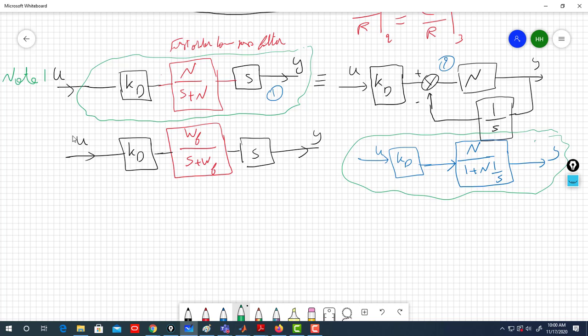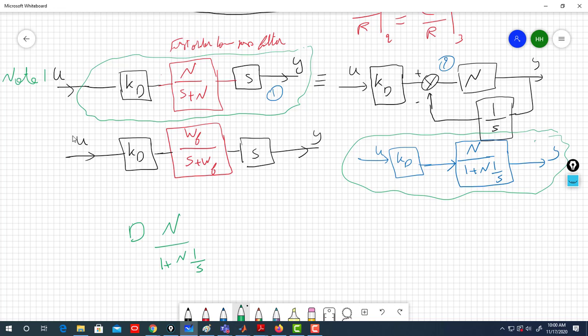It's just the system we saw in MATLAB, N over 1 plus N times 1 over s, times D. Why didn't MATLAB simply use D N over s plus N times s? The block in MATLAB was D N over 1 plus N times 1 over s.